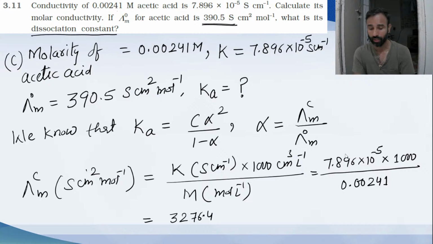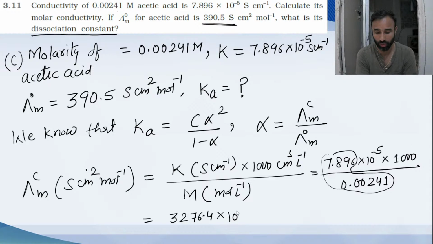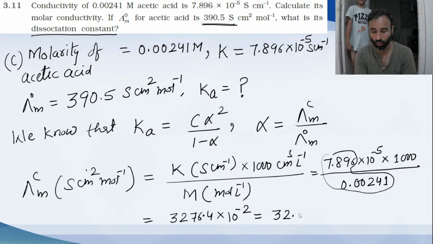From this part, 10 raised to power minus 5 and 10 raised to power 3, so into 10 raised to power minus 2, it comes out to be 32.764.